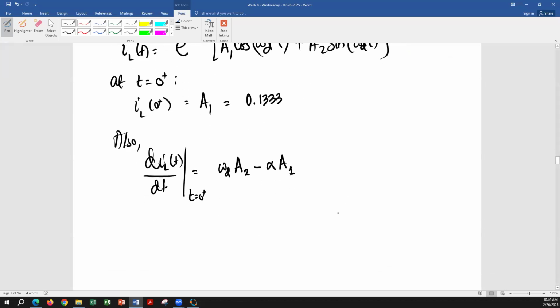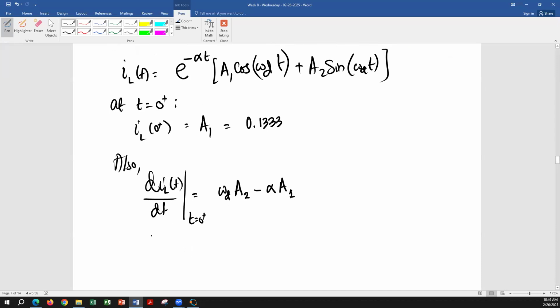Okay, now we go back and see what is dIL over dt. Of course, dIL over dt is the inductor voltage evaluated at 0 positive over L. We already know the value of A1, so A2 will be, of course, this plus alpha A1 divided by omega d from this equation.